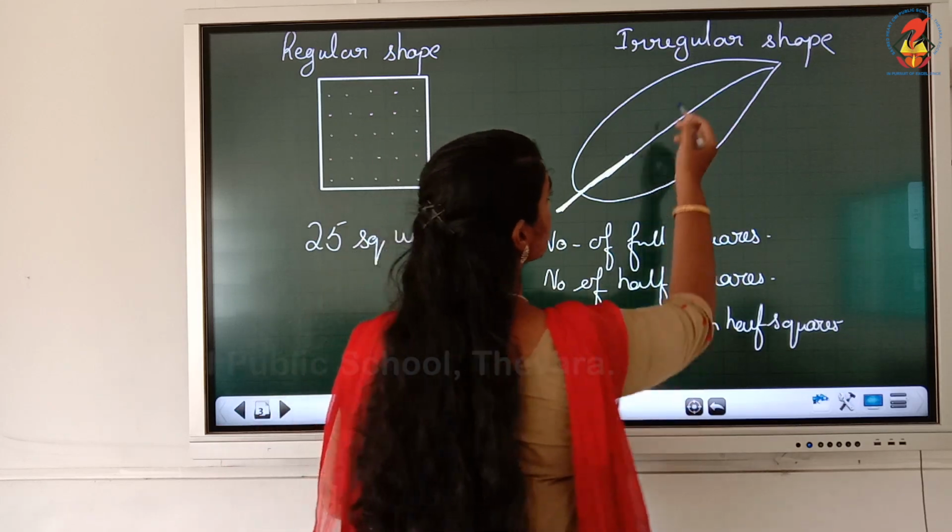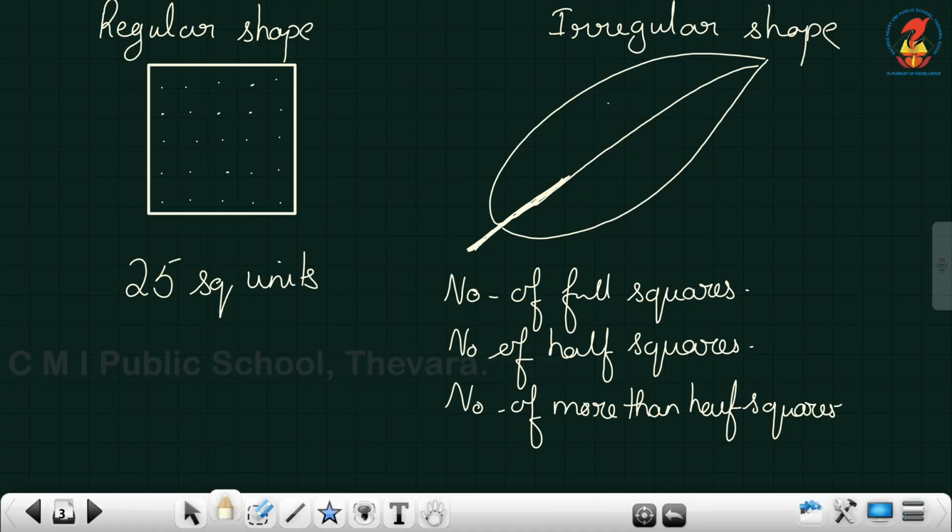We add up all the answers, and you get the total area. How did we do over here? See, here I have the number of full squares: 1, 2, 3, up to 19. 19 full squares are there. Then, together I am taking the number of half and the number of more than half squares.